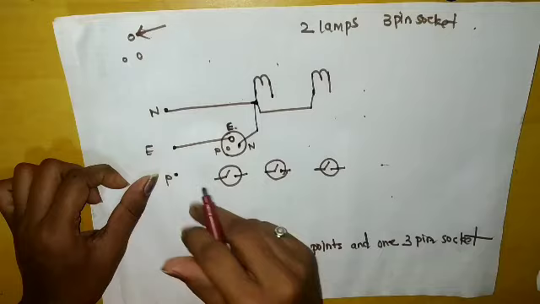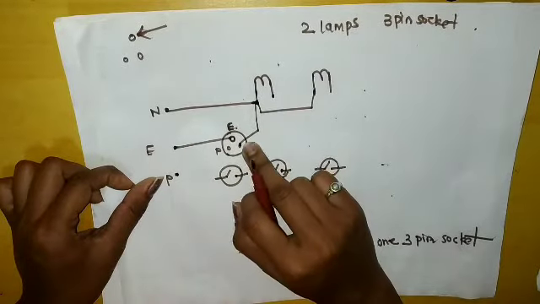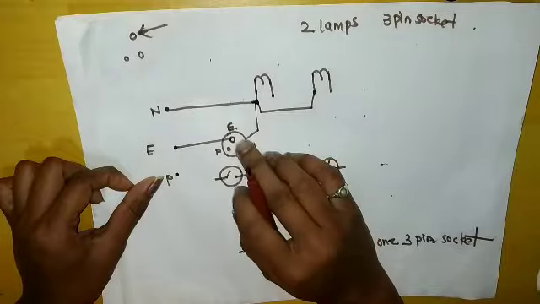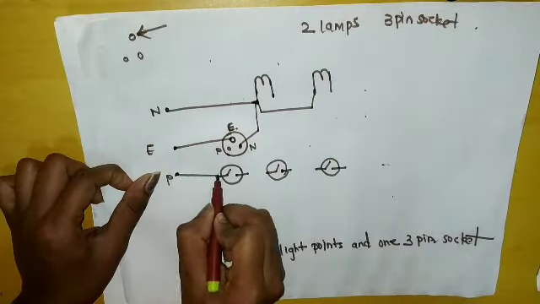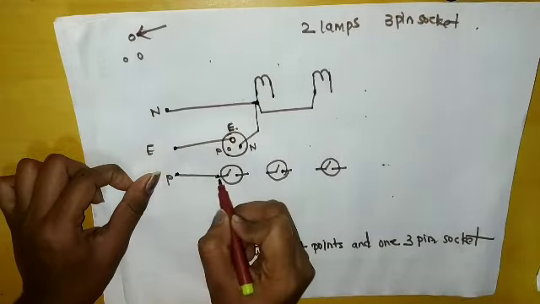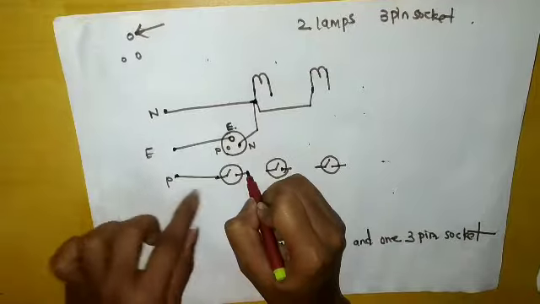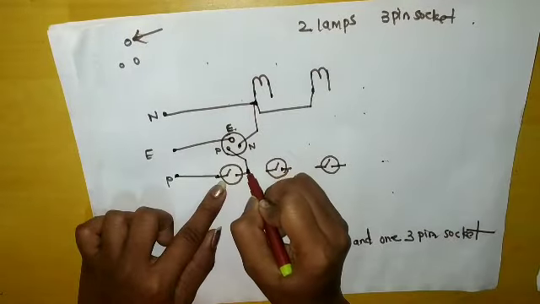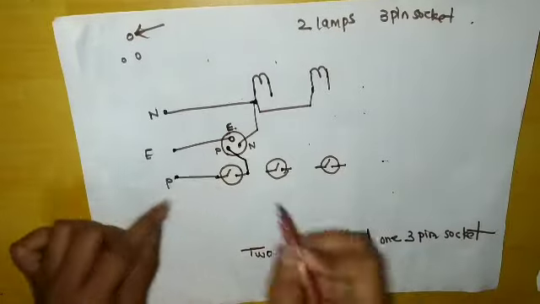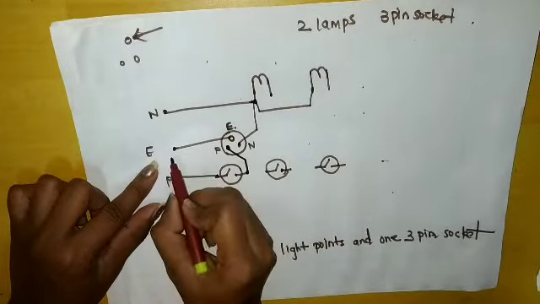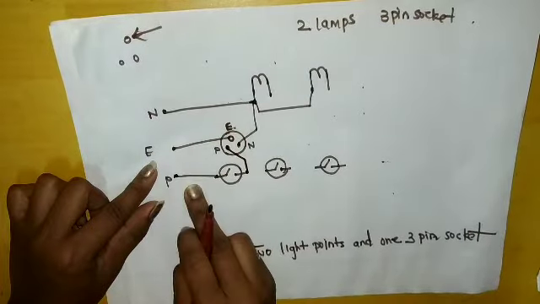So first we have to give the supply, that is phase, to our switch, not directly to this appliance or to the 3 pin, right? So what we will do, we will give here 3 pin supply, right? And from here we will give it to the socket, 3 pin socket. So you can see here this circuit gets completed of this part, 3 pin socket, right?